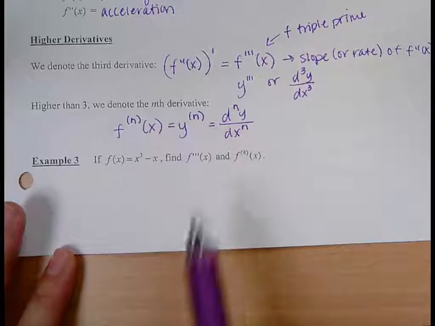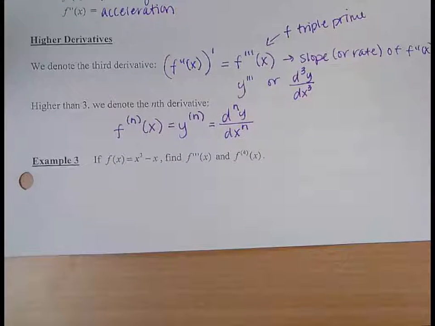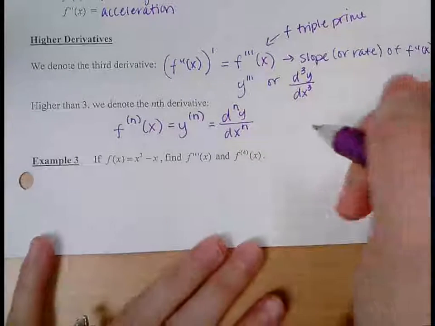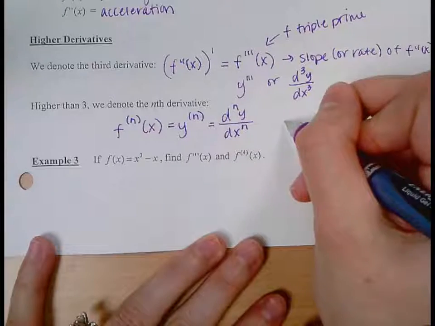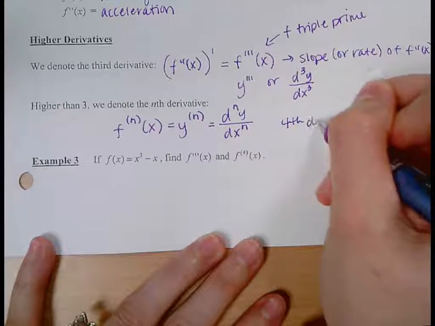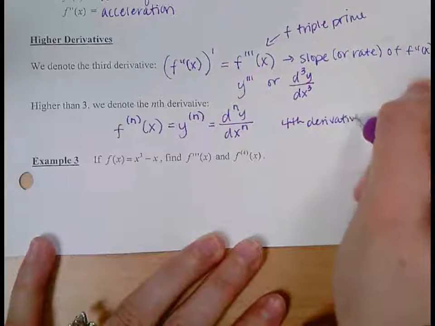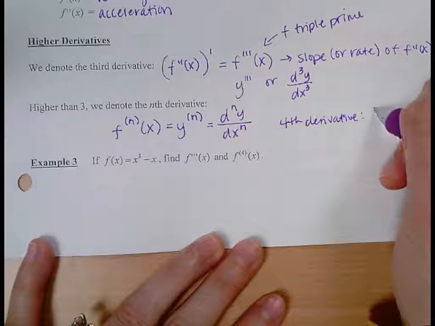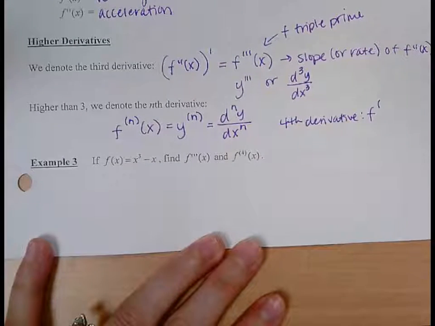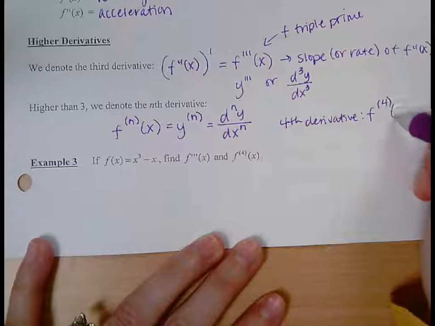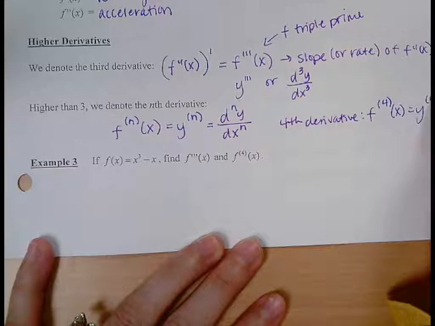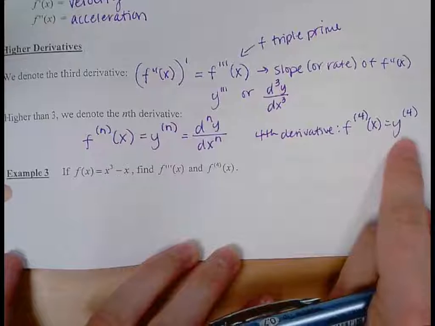And then again, note the number n for both the f and then the y, it is in parentheses, so you're not mistaking it for the fourth or the fifth or the sixth power because it's referencing a derivative. So if you had a fourth derivative, you would write it as f and then not to the fourth power but parentheses. It would look like this, or like this for y.